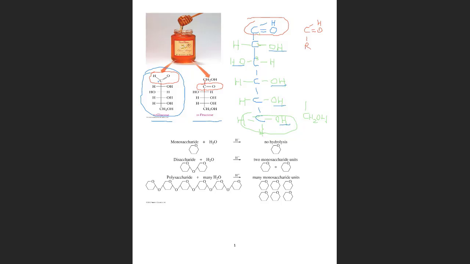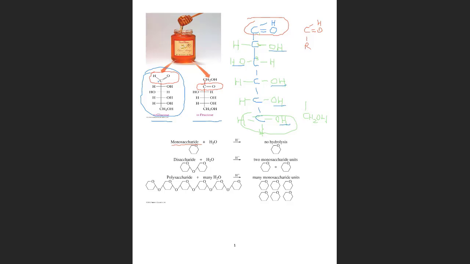Now that we are familiar with the structure of the carbohydrate, we will know that there is a classification of the carbohydrates. They are classified as monosaccharides when it's just one molecule.